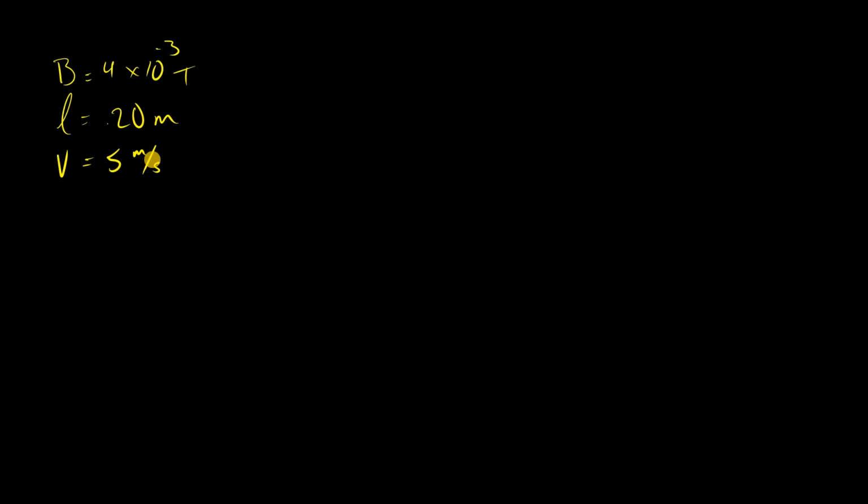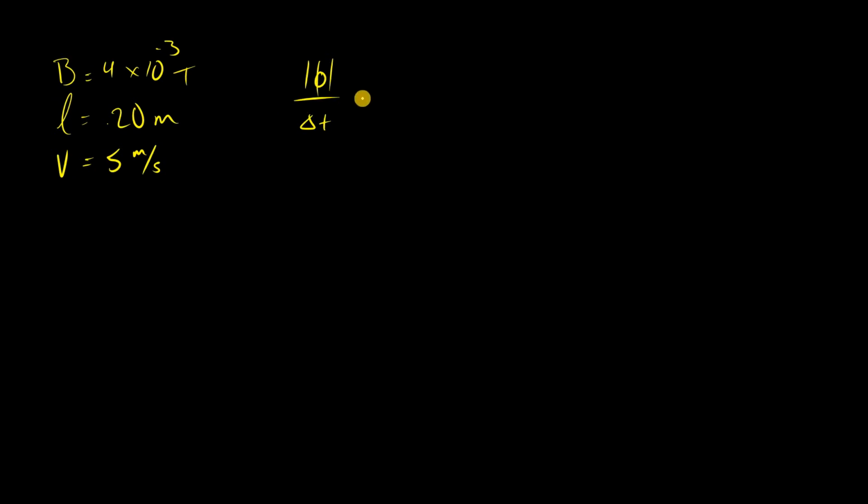So the first step is going to be to find that magnetic flux. So phi over delta T is going to help you find that. That's B in this case.